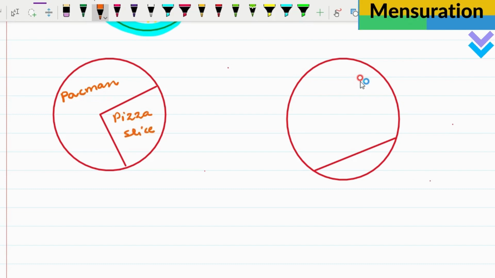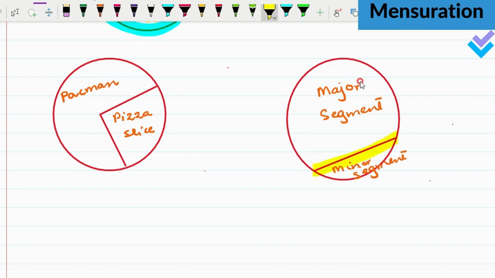You can observe that this is a major sector, a major segment, and that small portion is called a minor segment, right? And remember one thing, that line is called a chord, and a chord means a line which touches the boundary of the shape and does not cross the middle point, and the middle point is always a center point, right?